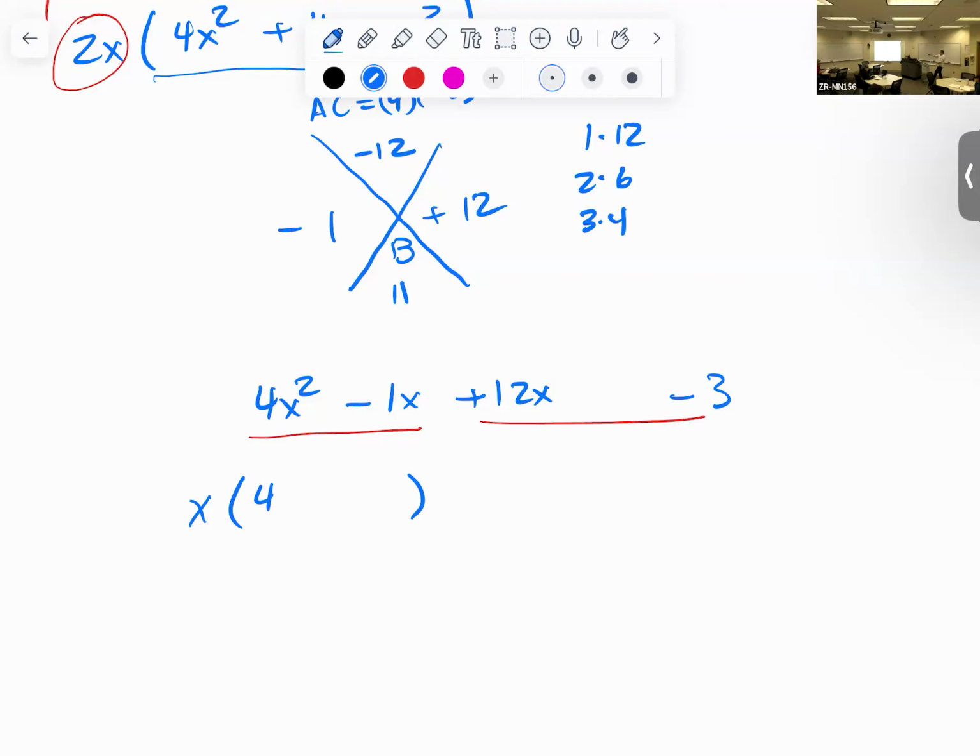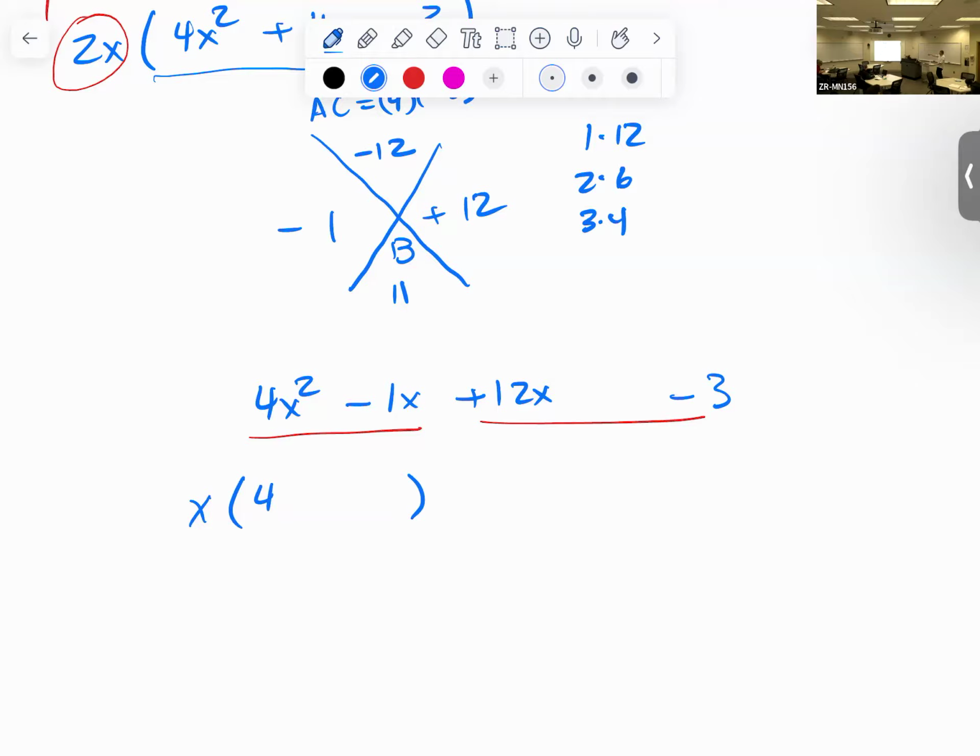I might be wrong on that. X times 4 would be X to the 4. 4 times X becomes 4X. So is 4X the same as 4x squared?